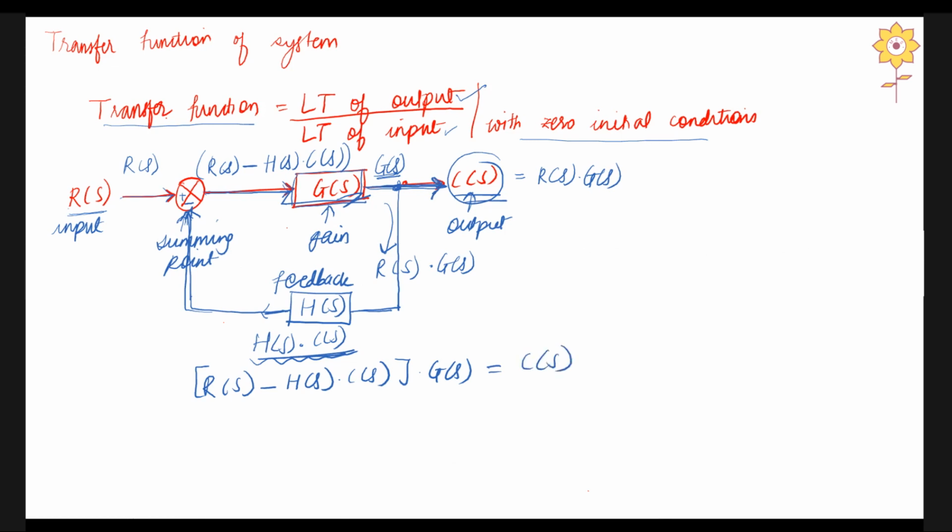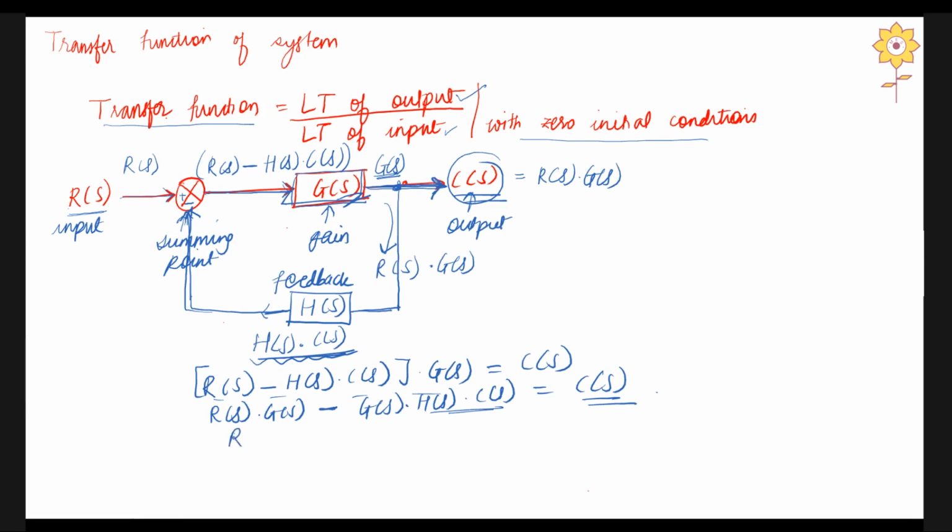Now, let us try to simplify this equation. We will simply open this particular bracket. So, we have R(S) into G(S) minus G(S) into H(S) into C(S) equal to C(S). Now, let us take the terms with C(S) on one side.